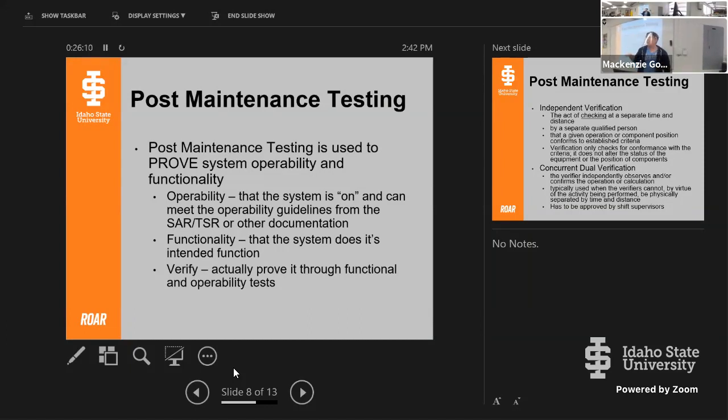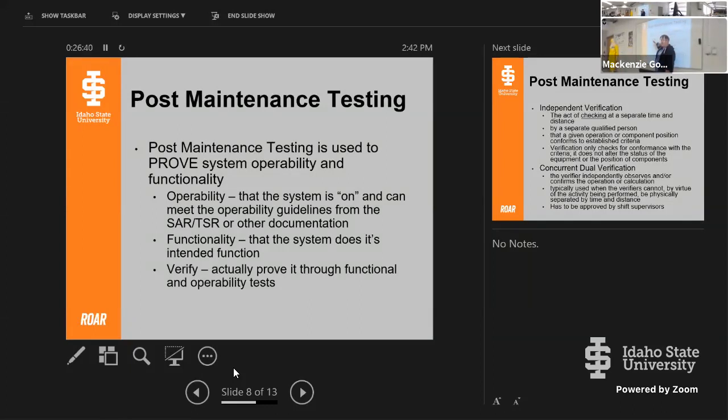So in our work control, when we do good ConOps and we use our procedures, there's going to be a maintenance procedure, and then there's going to be a requirement for post-maintenance testing to be written into the procedures for certain types of systems. Every safety system is going to have PMT. Every active, expensive system that you don't want to break is going to have PMT, okay?